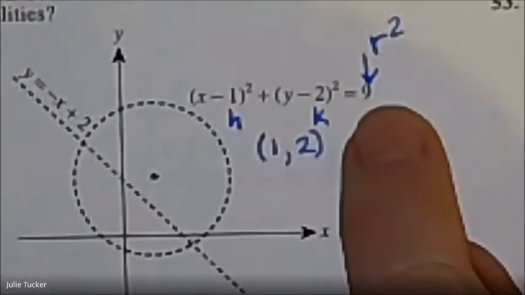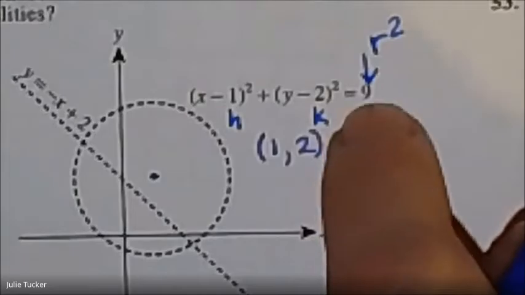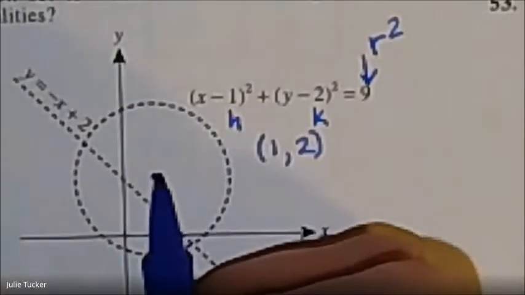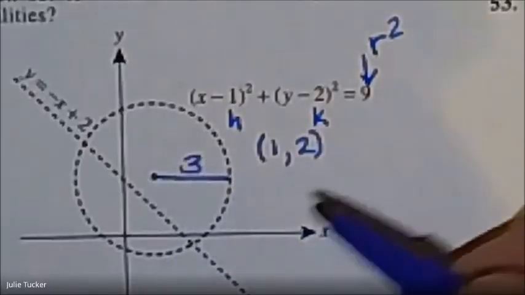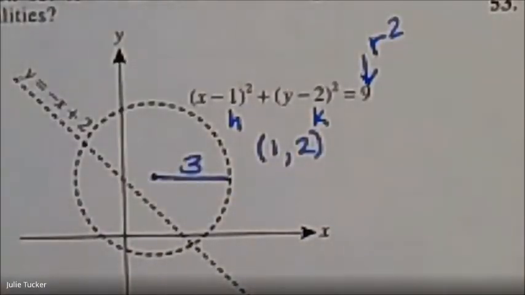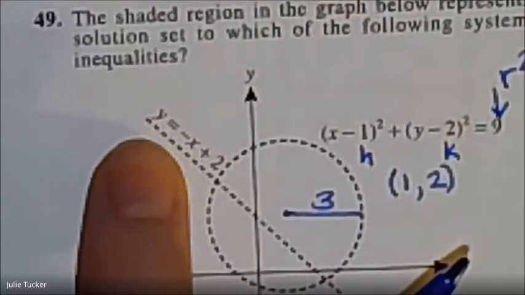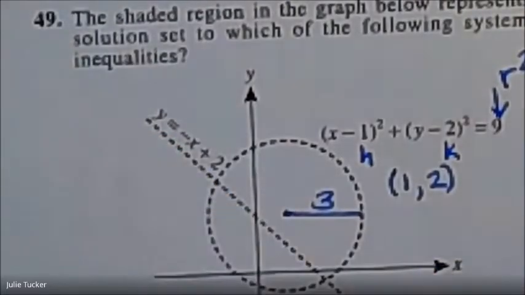So what's the square root of 9? 3. So 3 squared is 9. So 3 is the radius. So this is 3 right here. And then this line over here is the line y equals negative x plus 2. All right?